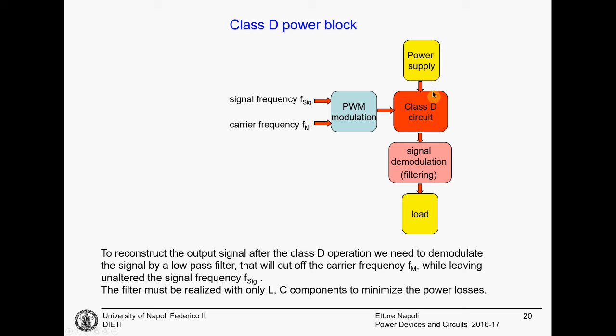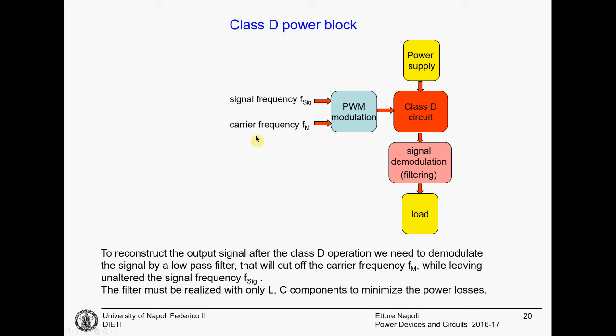The class D amplifier circuit, and a driver section that compares the input signal, a sinusoidal signal with a particular frequency, with the triangular waveform, that is the comparison waveform.